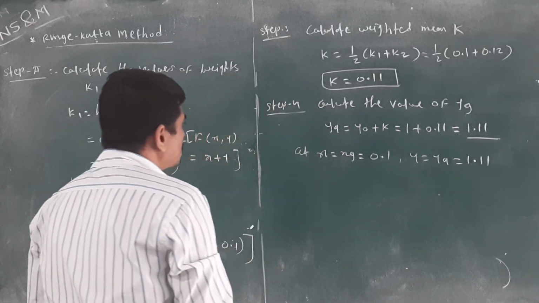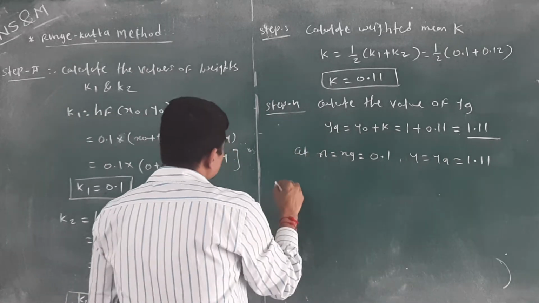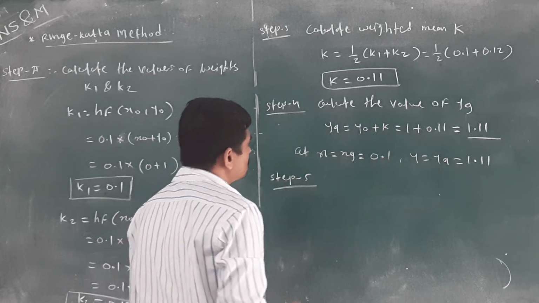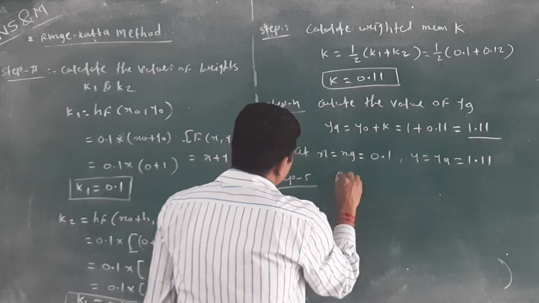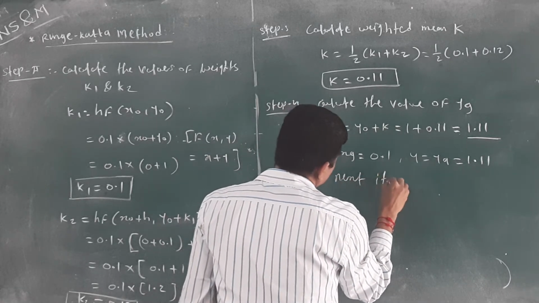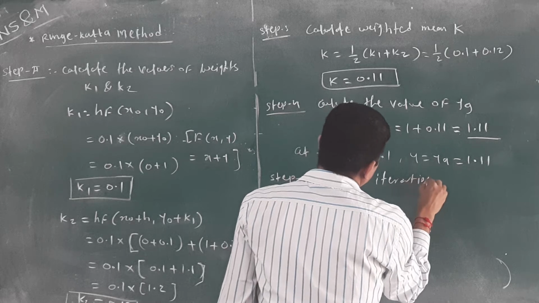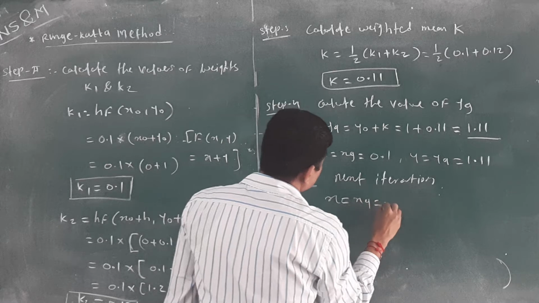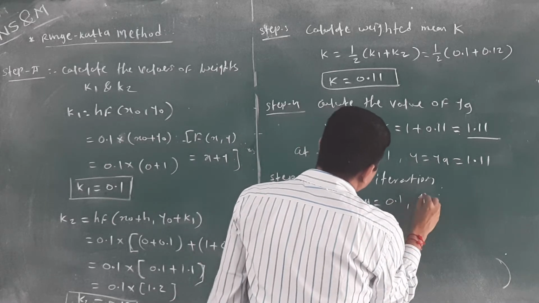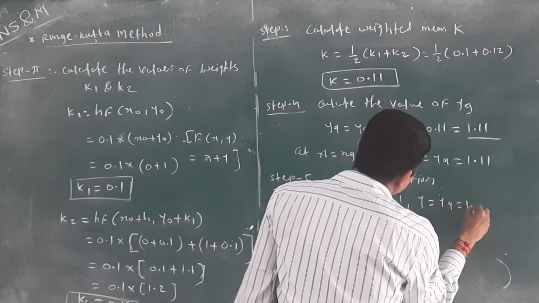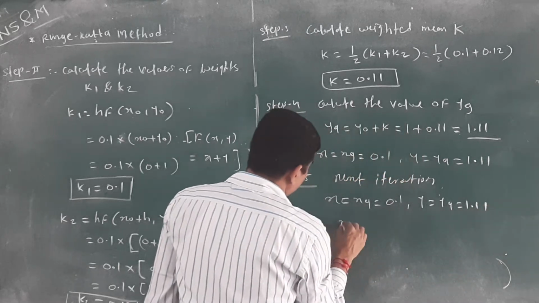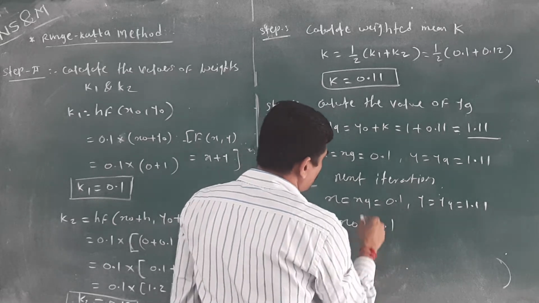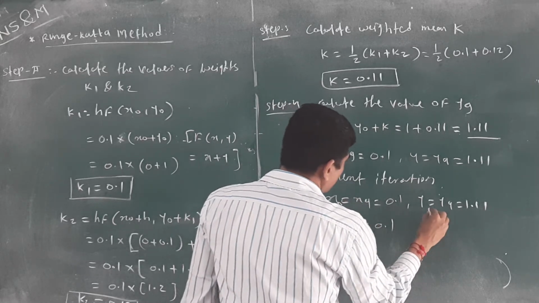For the next iteration, before going for it, again you have to use step number 5, because you have to replace the value. Okay, I will write here next iteration, step number 5. Check that. What is the value of x? x is equal to xg is equal to 0.1, and y is equal to yg is equal to 1.11. I will write here x0 and y0.